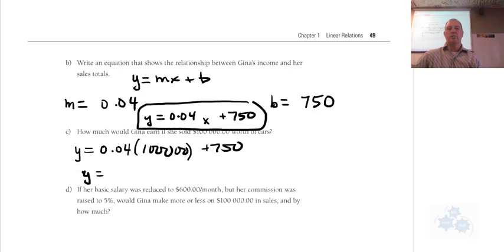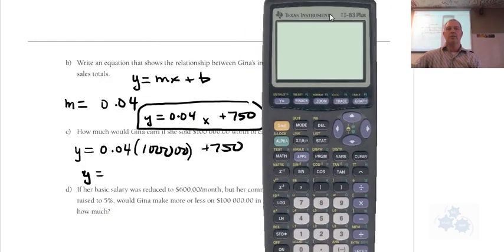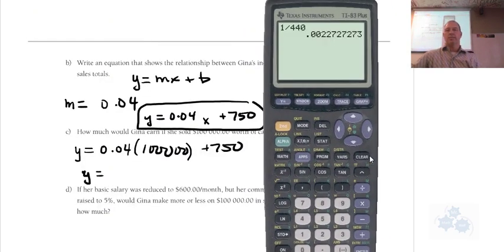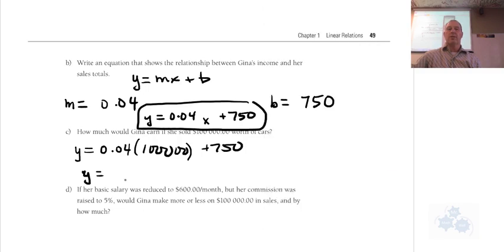So her earnings, which would be Y, I guess, her earnings would be 4,750. So that's her earnings if she sold $100,000 worth of cars.